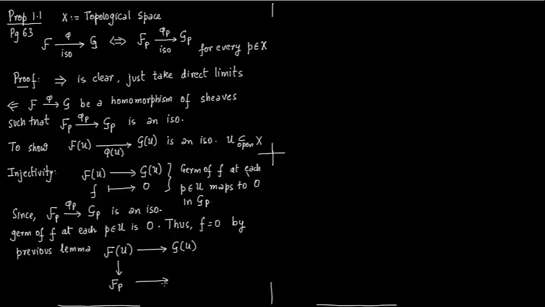If I take the direct product of F_p and G_p, then the map from F(U) to the direct product of F_p will be injective as before. So we start with a section f of the abelian group F(U), it gets mapped to 0, thus it gets mapped to 0 in G_p. This map is an iso, you get 0 here. Now it is 0 at every point, and by the injectivity argument it is 0 to start with, and that shows injectivity.